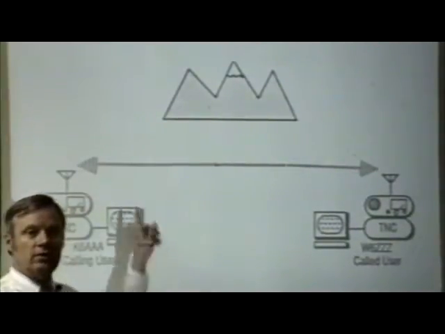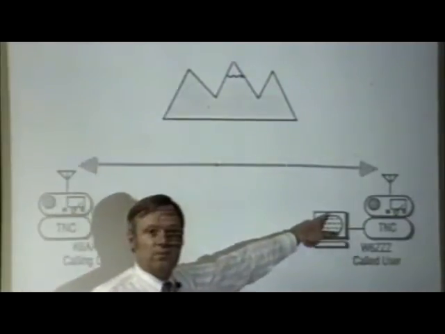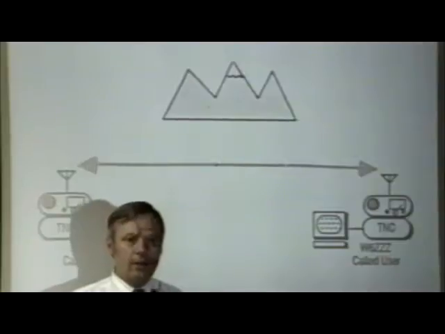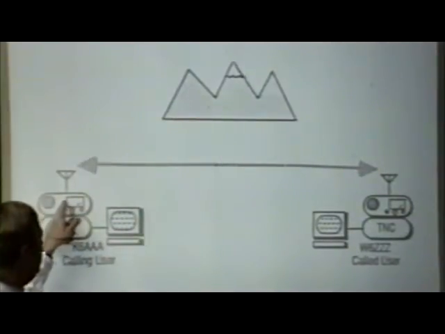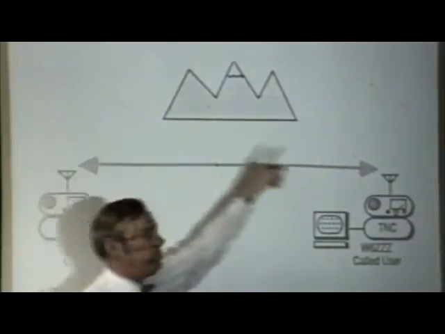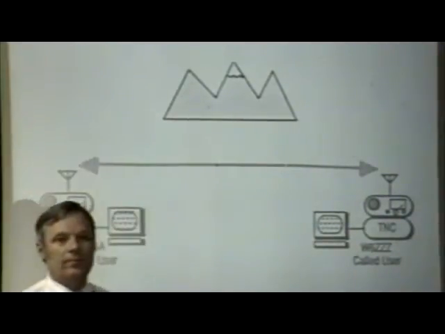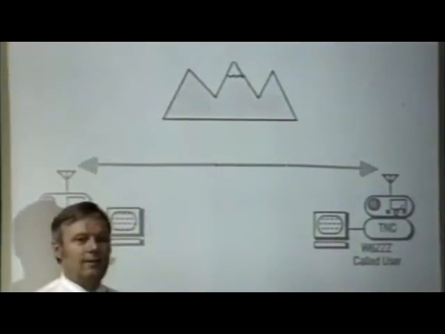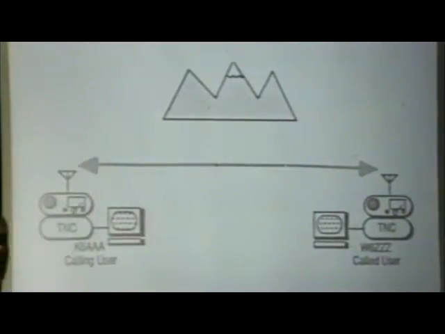K6AAA then knows that his I-frame 0 never got there, because the station at the other end said, I am ready to receive from you number 0. So at that time, K6AAA retransmits the I-frame number 0. Now let's say the vacuum cleaner corrupts it again. K6AAA sits there running his timer, and when he reaches the value that's set in his FRACK timer, he says, I've timed out, no response.